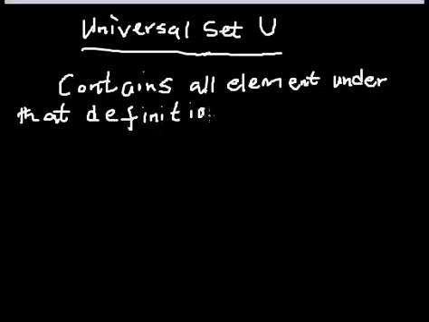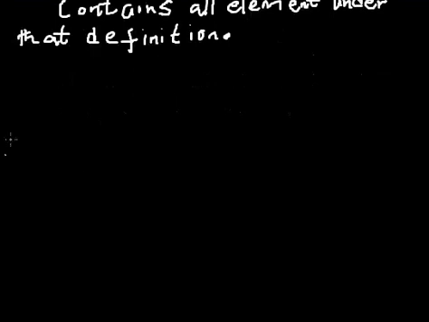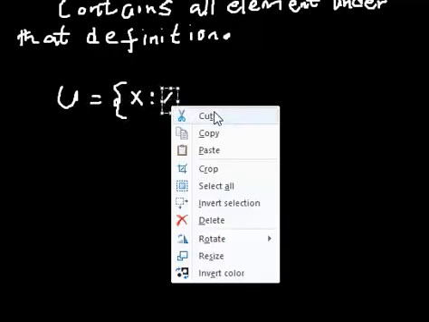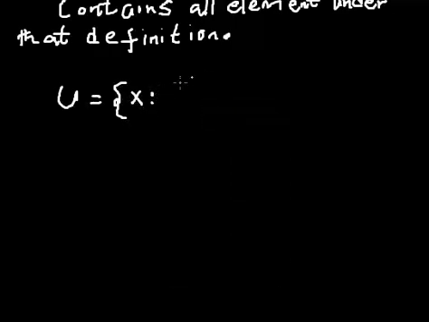So let's say my consideration is a universal set, which I will write in set builder notation as the set of X such that 1 is less than or equal to X and X is less than or equal to 10. Discover that this universal set carries everything under this definition, and the range is going to be from 1 to 10.